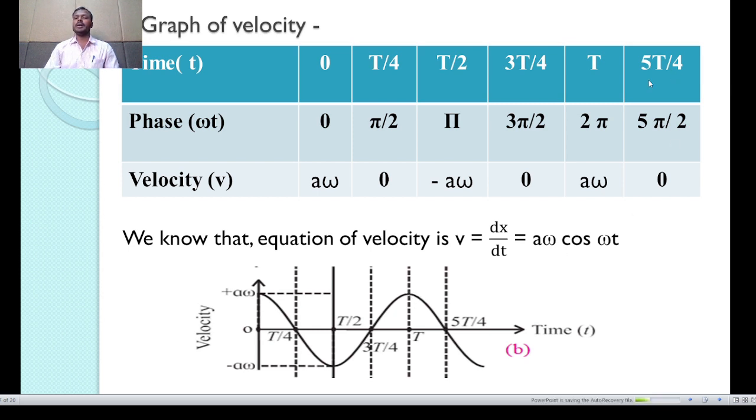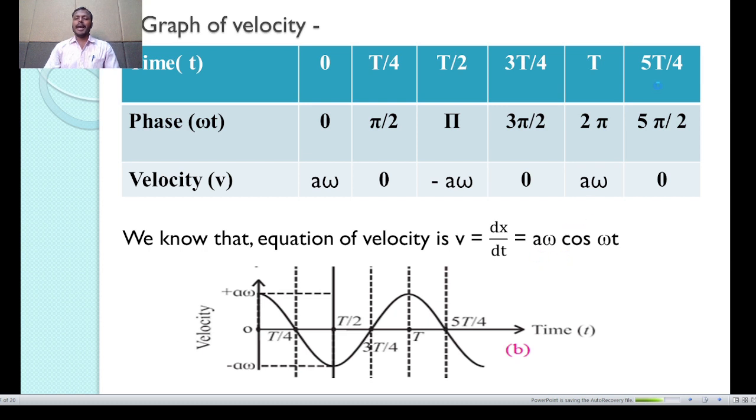Okay, so finally, 5T divided by 4. When the time is 5T divided by 4, the phase is 5π by 2, and 5π by 2 is nothing but 2π plus π by 2, that is π by 2. Cos π by 2, I repeat, cos π by 2 is 0.